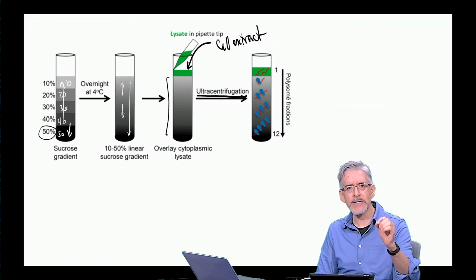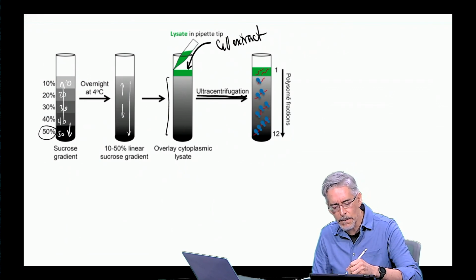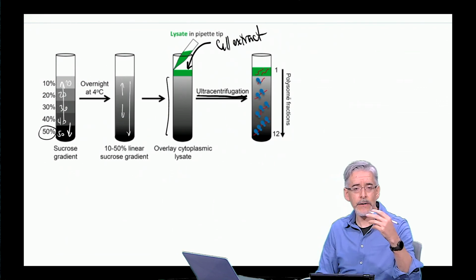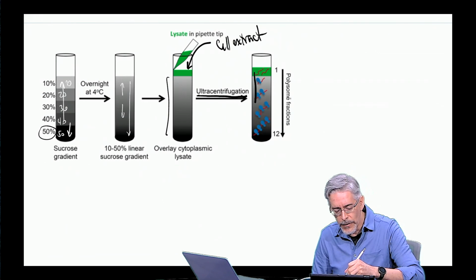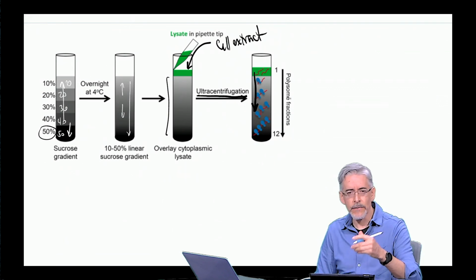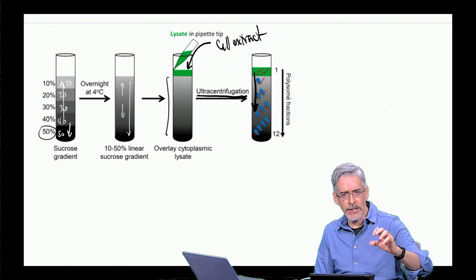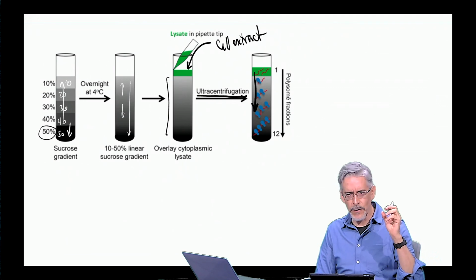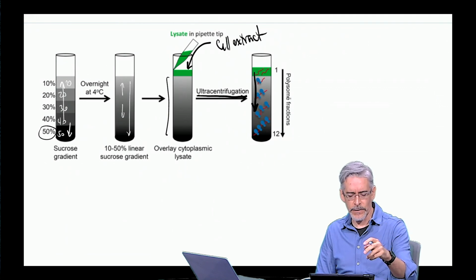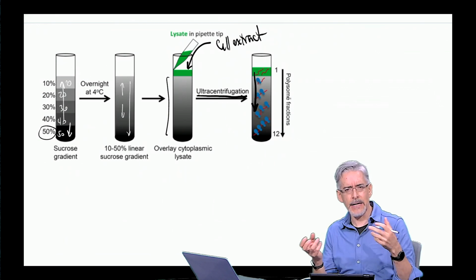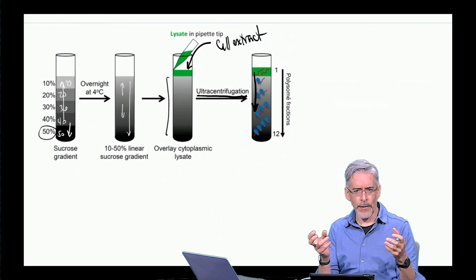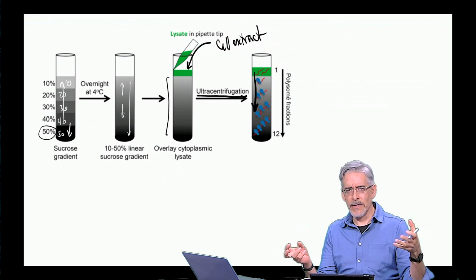What you're basically doing is forcing those messenger RNAs that are loaded with ribosomes to go down into the sucrose gradient, up to the point where they reach a location within the gradient where they will not continue to move any further. So then they reach kind of an equilibrium, and at that point you stop the centrifugation.